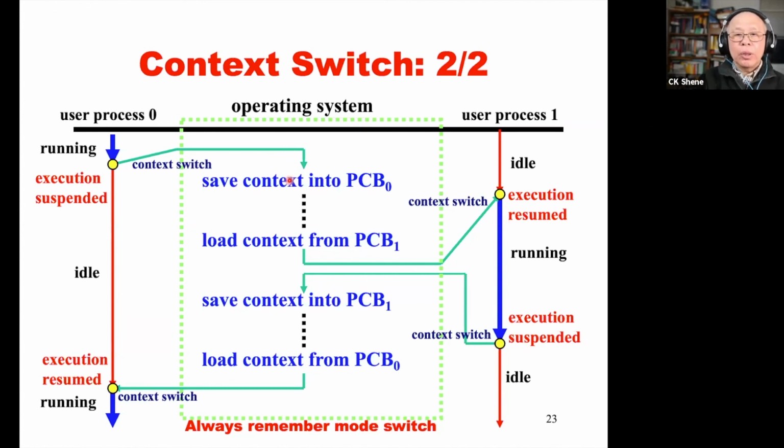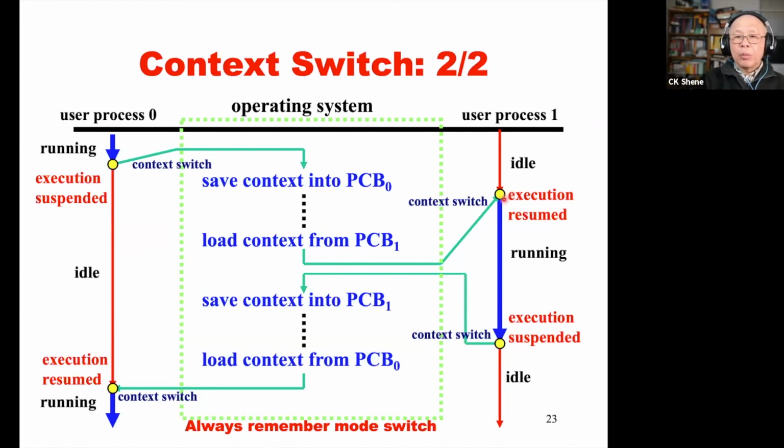So the CPU scheduler or the operating system saves the context to the PCB of process 0. And then loads the context from process 1's PCB. After loading it, we have a mode switch back to the user mode, and then branch to the saved program counter of process 1.